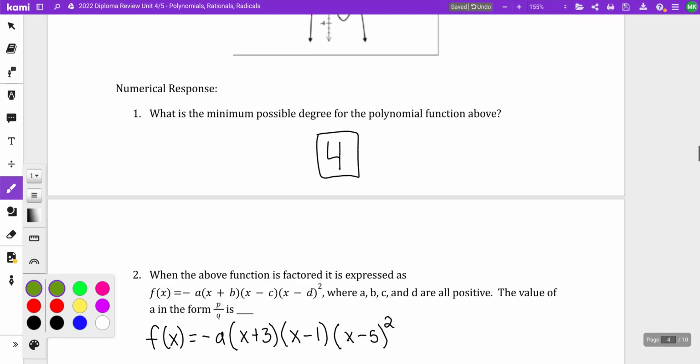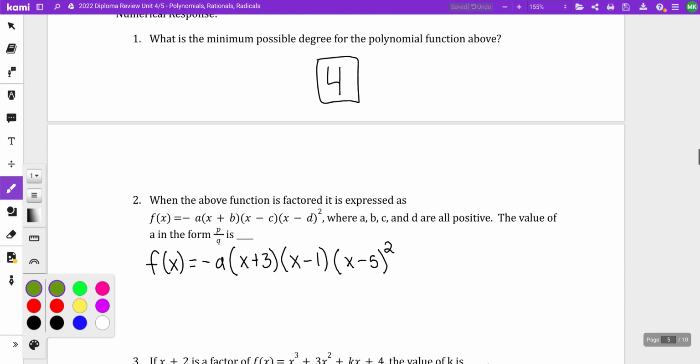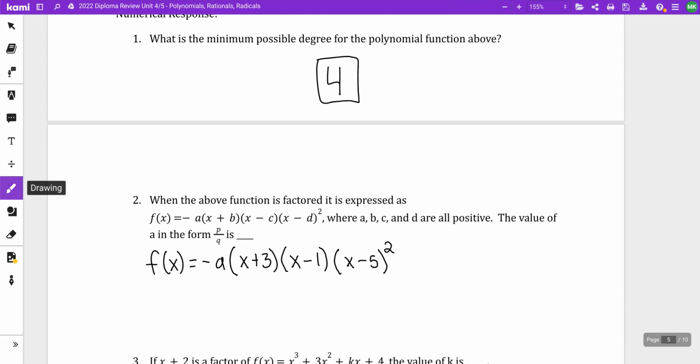So to find your a value, use that point as your x and your y. So y was 5, x was 0. Now I can figure out what a is. That's 5 equals negative a times 0 plus 3, 0 minus 1, 0 minus 5 squared.